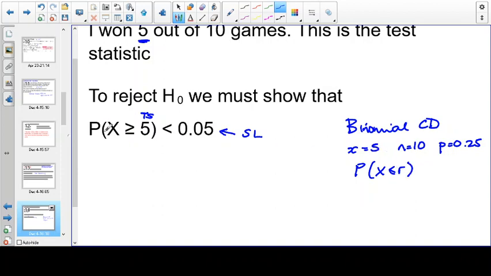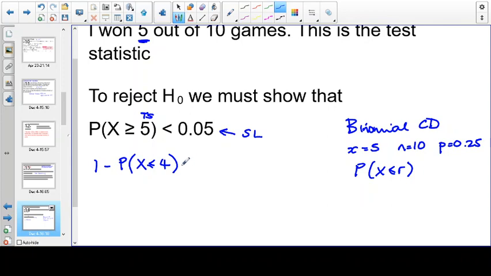Because we want more than, then I'm going to do 1 minus the probability that X is less than or equal to 4. So we want the probability of 5, 6, 7, 8, 9, and 10, which means we don't want 4, 3, 2, 1, or 0.